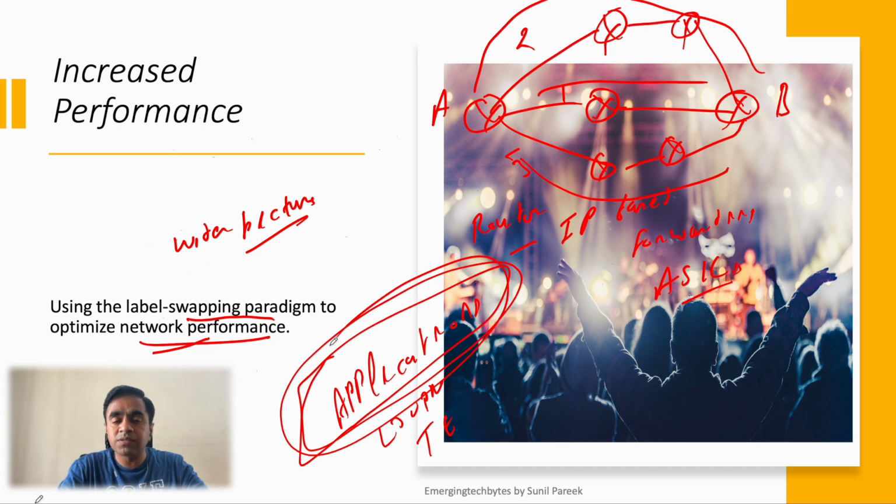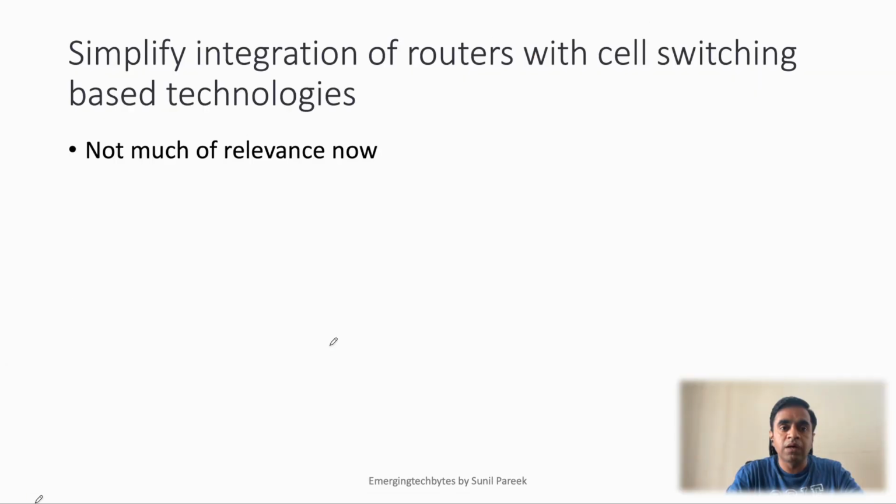Now let's just look at some more problems. The fourth statement that this group was having is simplify the integration of router with cell switching based technologies. If you didn't even understand it, you are not alone, and you don't even need to understand this.